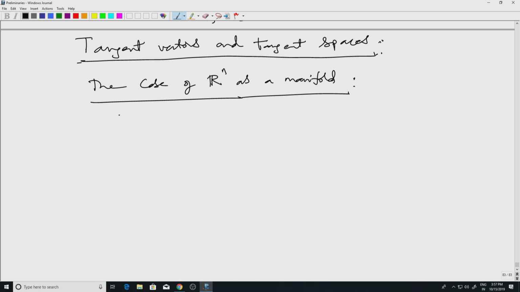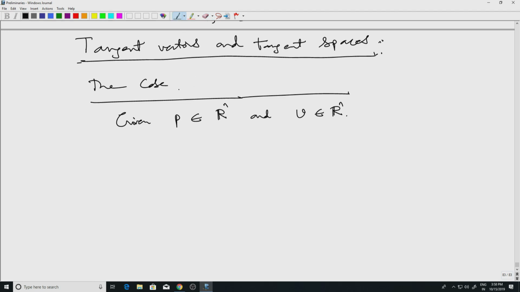So given P in Rn, V in Rn. In fact, let me modify this slightly. It's a bit confusing if one works directly with Rn.